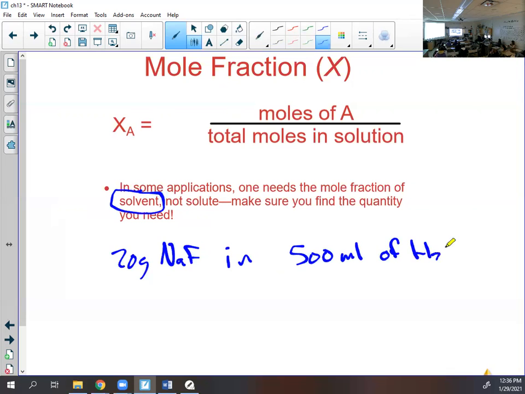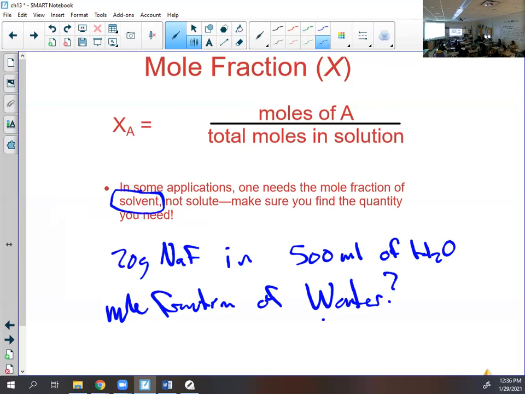And usually these are pretty simple. What's the mole fraction of water? So usually we would ask it for NaF, but we want it for water. Now we still have to find the moles of NaF because we need the total moles.